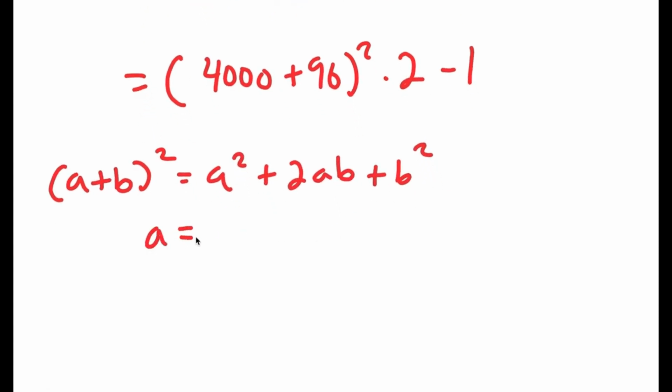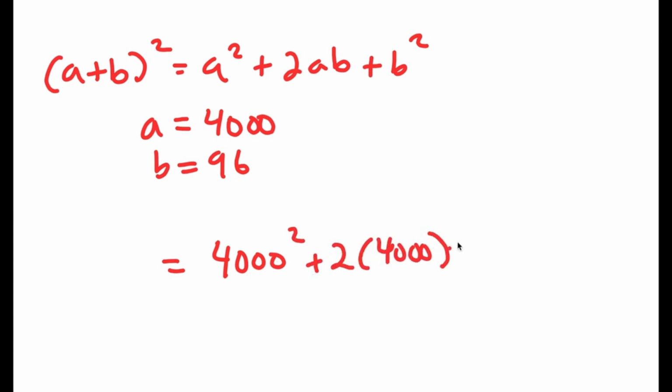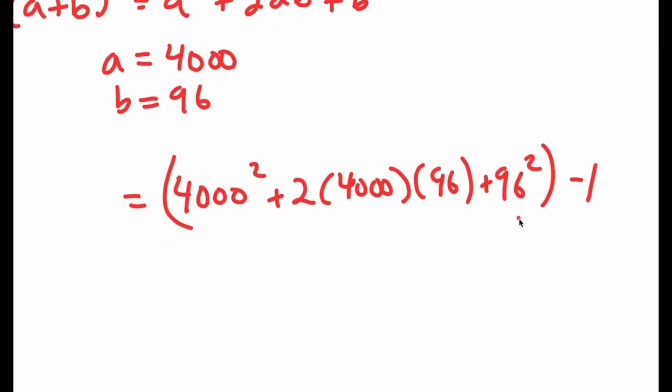So in this case, a is 4000 and b is 96. So this turns into 4000 squared plus 2 times 4000 times 96 plus 96 squared. And all of this times 2 minus 1.